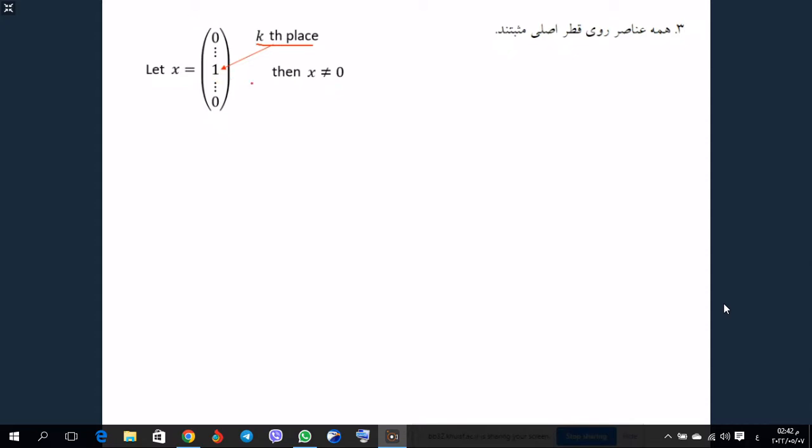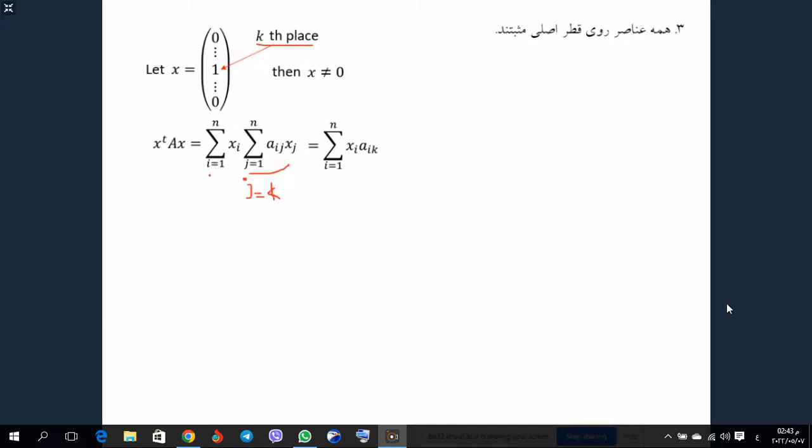If we calculate x transpose Ax, that is the summation over i from 1 to n of xi times the summation over j from 1 to n of aij xj, all entries are 0 except j equal k.